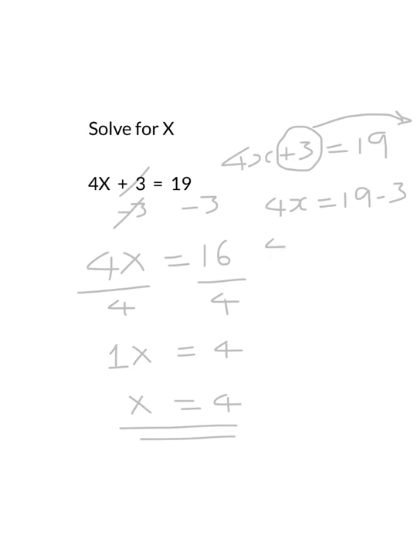So we have 4x equals 16, and then fraction divide line, we divide both sides by 4. So 1x equals 4, or x equals 4. So it's just a slightly different way of doing it. So both methods are equally valid, whichever you prefer.